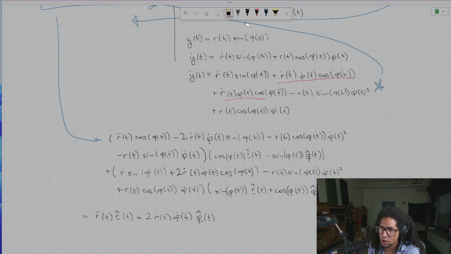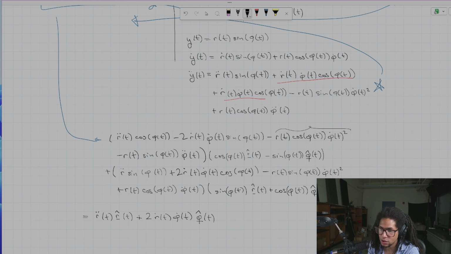All right. Next up, we're at this term, where once again, if we are careful, we can find everything that cancels. So here we'll get minus cosine squared minus sine squared.